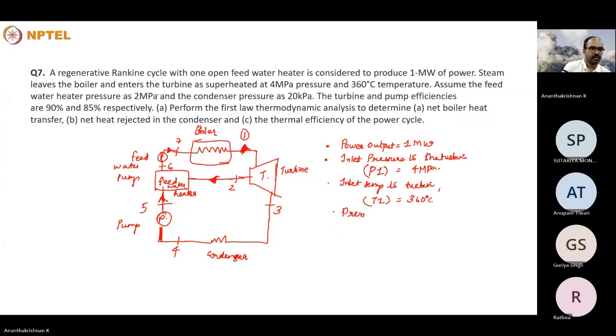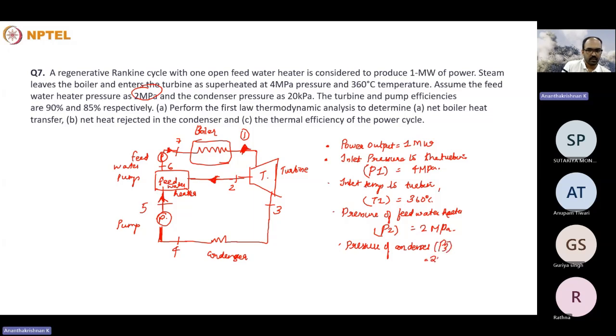Then feed water heater pressure is given as 2 megapascal. Pressure of feed water heater could be written as P2 equal to 2 megapascal. Pressure in the condenser equal to 20 kilopascal.